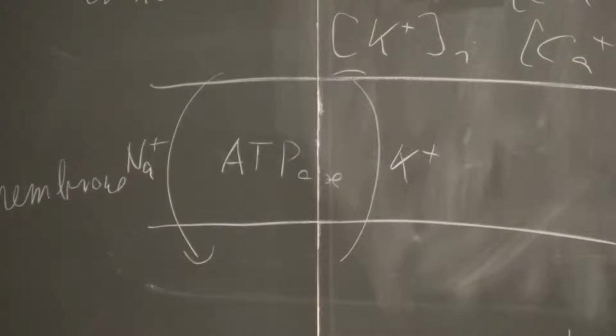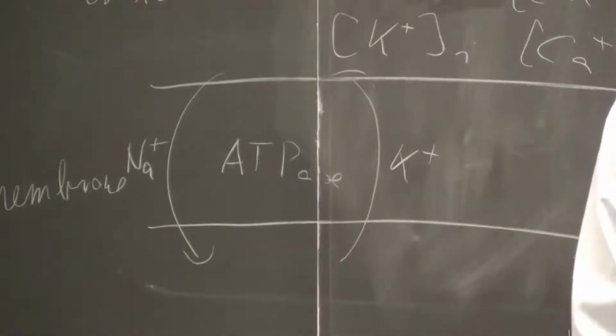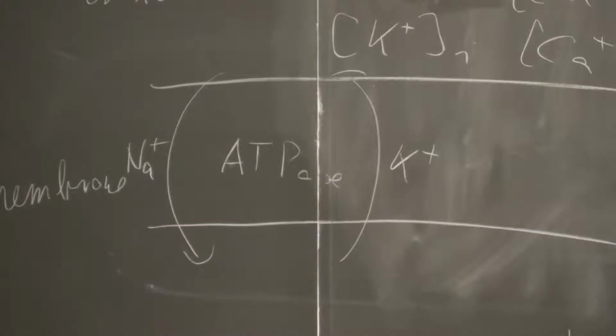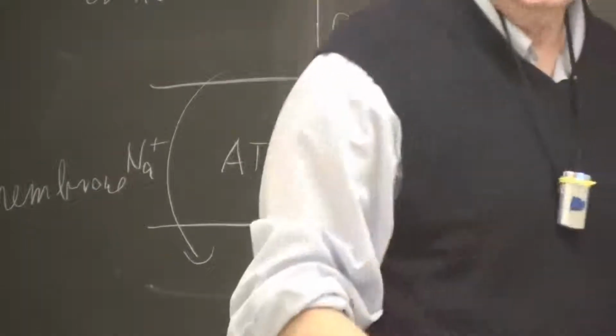Okay. So now, to do this, however, we need a battery. And the battery needs to generate a voltage, and we call that voltage E sodium, divided by kBT. This would be our battery. Our voltage times e would be then the energy.